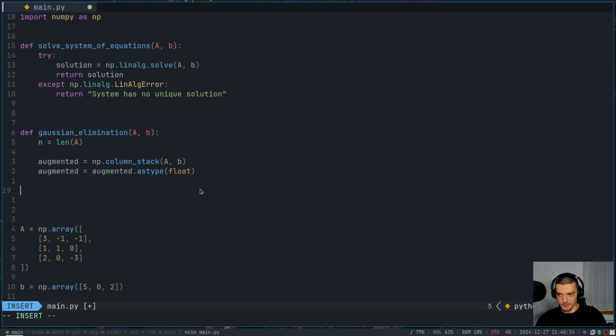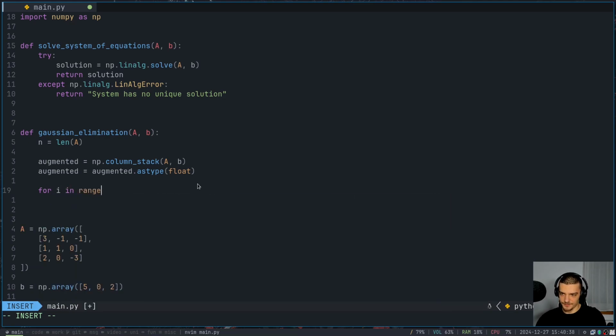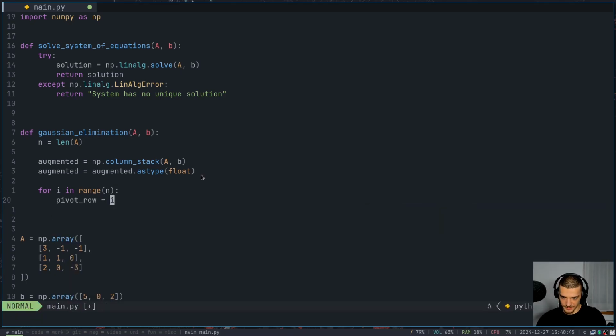So we're going to do it the following way. We're going to say for i in range n, which is the dimensions of our matrix, that the pivot row by default is going to be just the first row. And then the maximum value at the position we're interested in right now is going to be the value that we have.